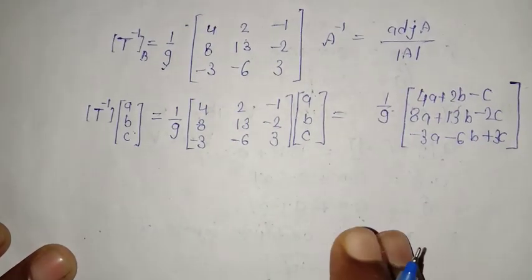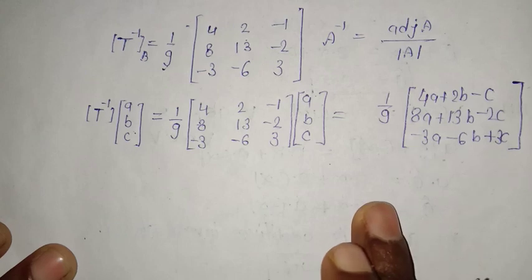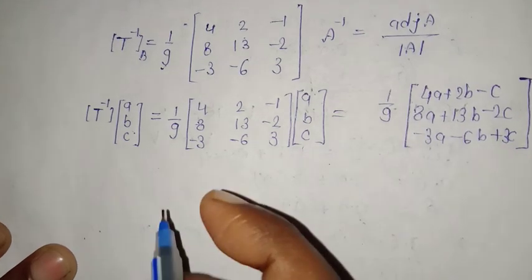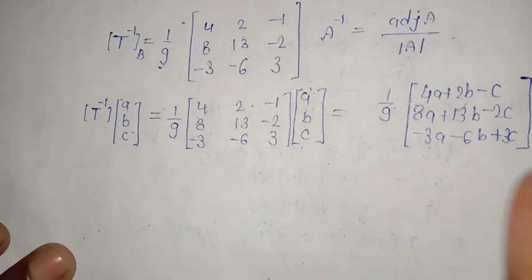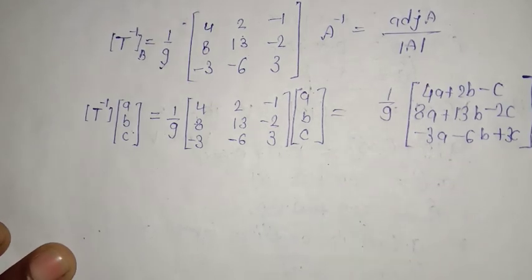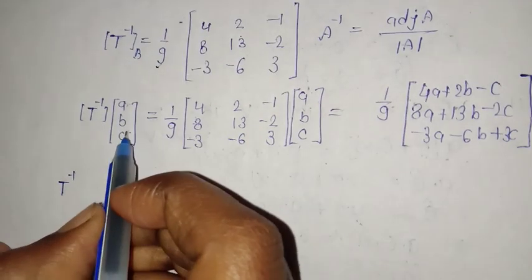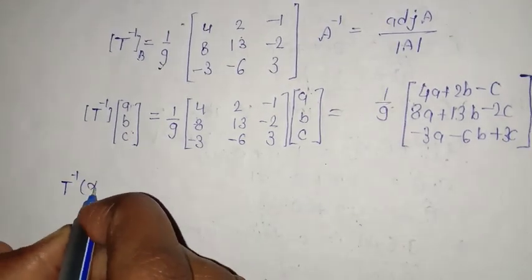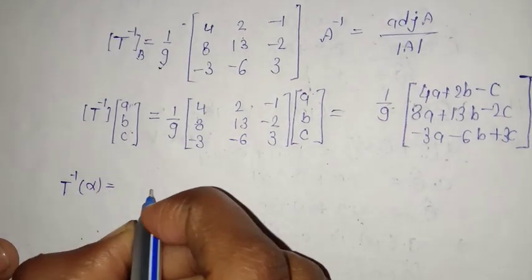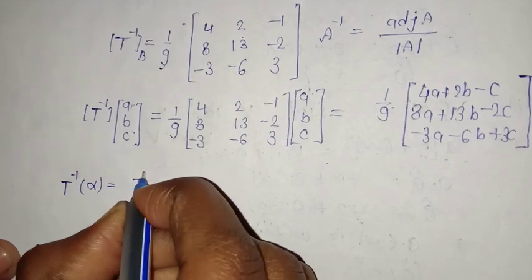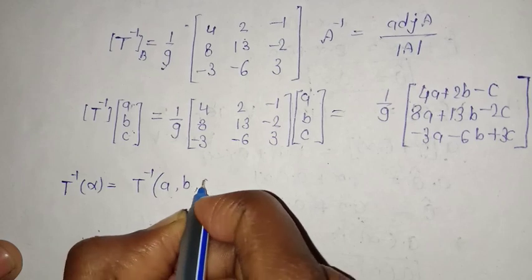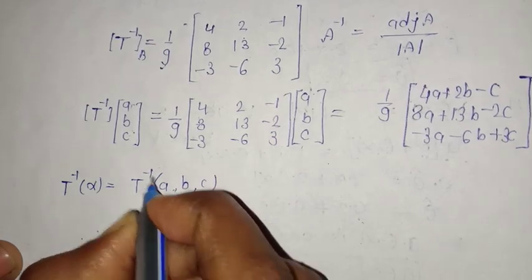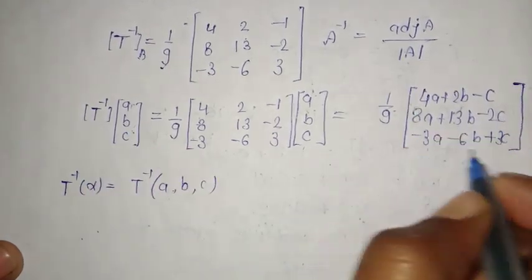So this was the way in which we can find the formula for T inverse also. So the formula for T inverse related to the same basis B is as follows. If I name this vector alpha, then this can be written as T inverse of alpha equals T inverse of (a, b, c). This was a column vector, that's why we are getting a column vector here.